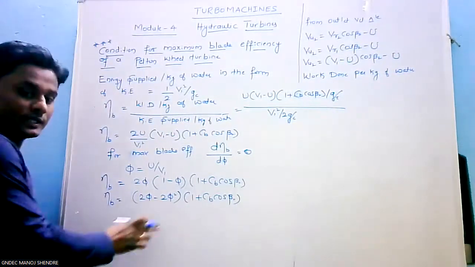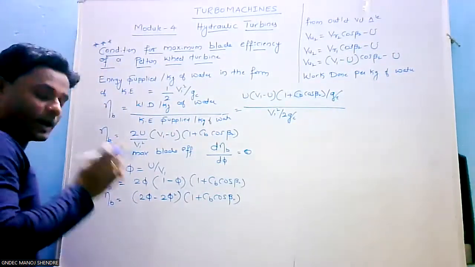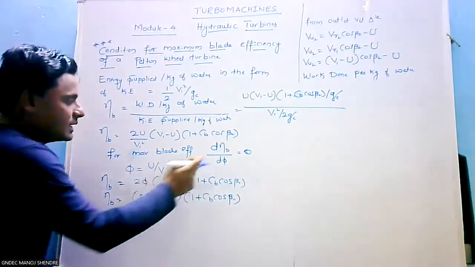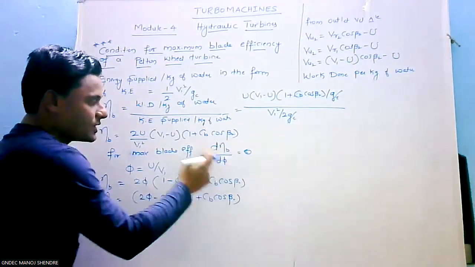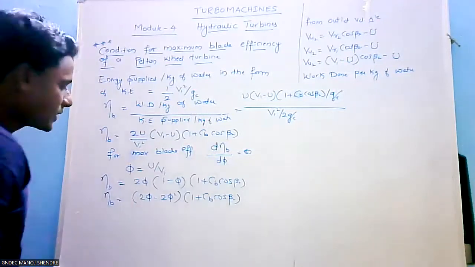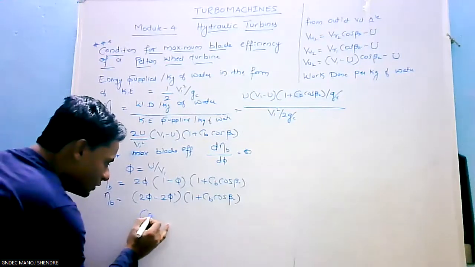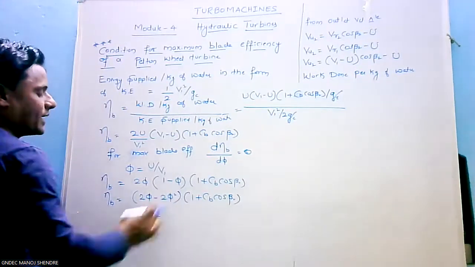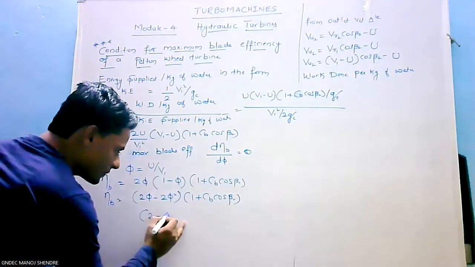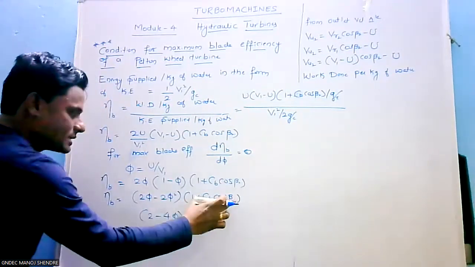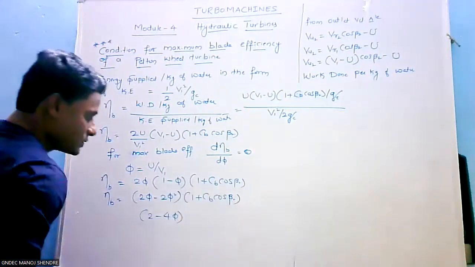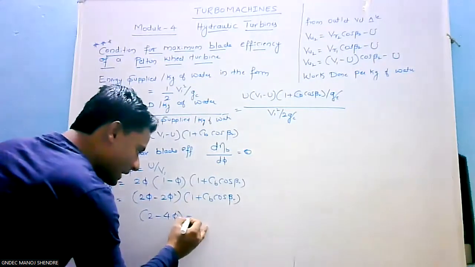So upon differentiating this equation, because the condition for maximum blade efficiency is d eta b divided by d phi should be equal to 0, right? So upon differentiation, the differentiation of 2 phi is only 2, minus the differentiation of 2 phi square is 4 phi, equals, and this term won't be equal to 0. So let me take this term as equal to 0.